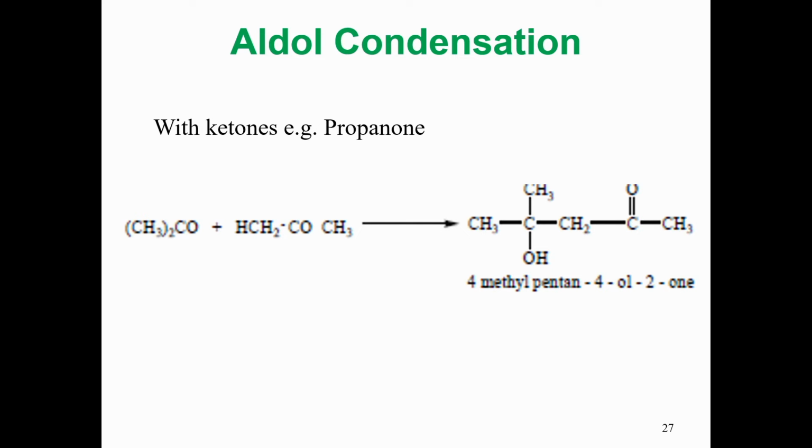Whenever I'm using propanone, the compound I will get is 4-hydroxy-4-methylpentanone, in the sense that the carbonyl functional group is internal. This methyl becomes a substituent, while in aldehyde there's no terminal methyl, it is hydrogen. That's why there was no substituent in ethanal.